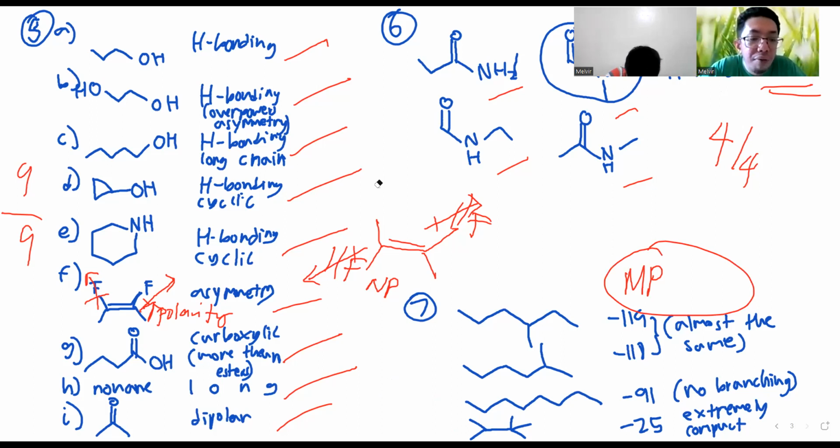Or to have a higher boiling point? Ano yung gusto natin doon? Dapat mas mataas yung melting point, marami pong IMFA. Mas marami pong IMFA, mas mataas na melting point.